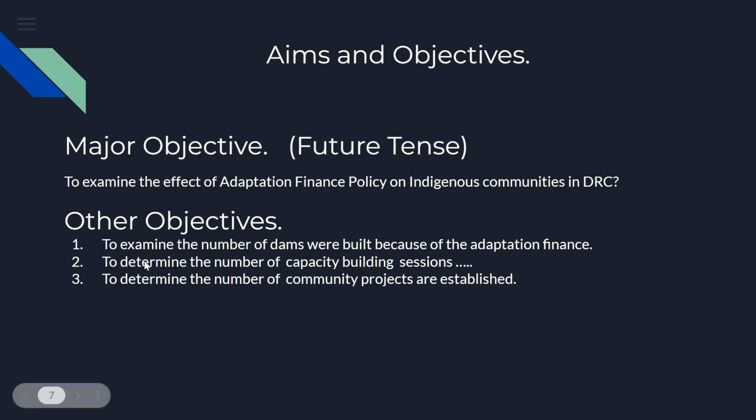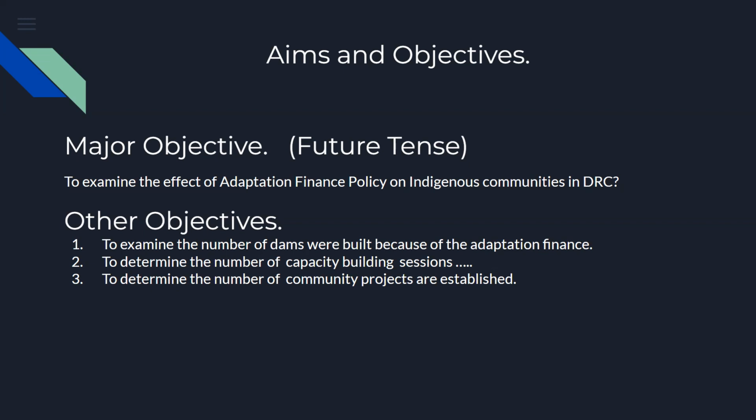So if a community got adaptation finance, let me say this community will be given adaptation finance to do this and this and this. Some of the things that adaptation finance can do are building dams, setting up community projects, and also capacity building activities. So you would like to examine that effect.